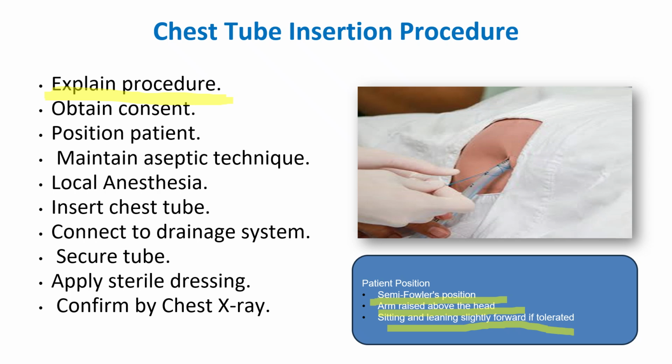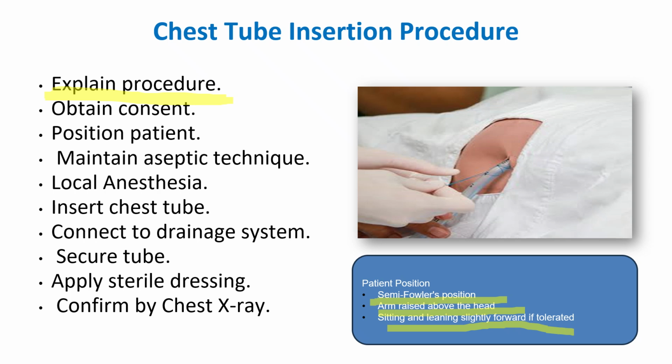Then after that, what do you have to do? You have to position the patient, maintain sterile aseptic technique, and give the local anesthesia agent to the doctor, and whatever things the doctor is asking, you have to act proactively and give the things which are being required by the doctor.